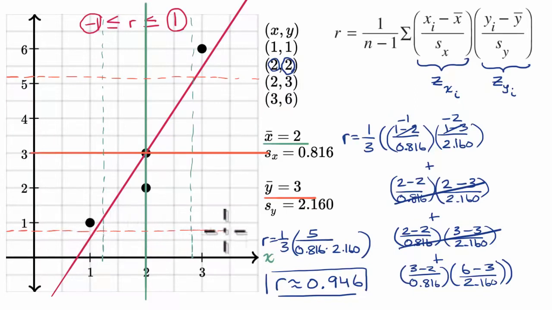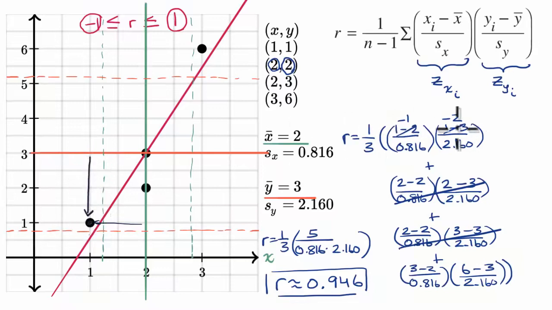So, for example, for this first pair, 1, 1, what were we doing? Well, we said, all right, how many standard deviations is this below the mean? And that turns out to be -1 over 0.816. That's what we have right over here. That's what this would have calculated. And then how many standard deviations in the y direction?